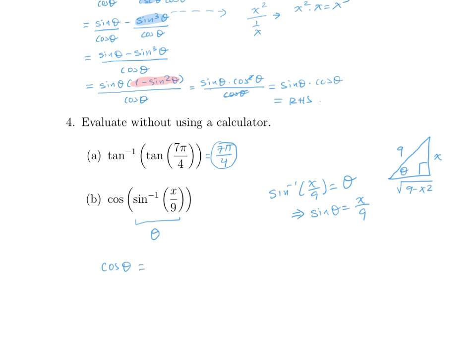So therefore, this is identical to just finding cosine of theta. Well, you go back to the triangle. Cosine of theta will be this over this. And that's it. So it will be the square root of 9 squared minus x squared over 9. And we're done.